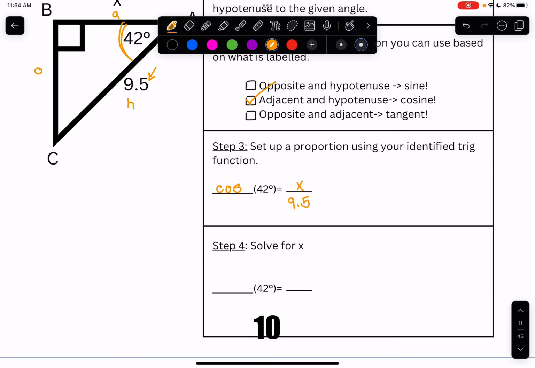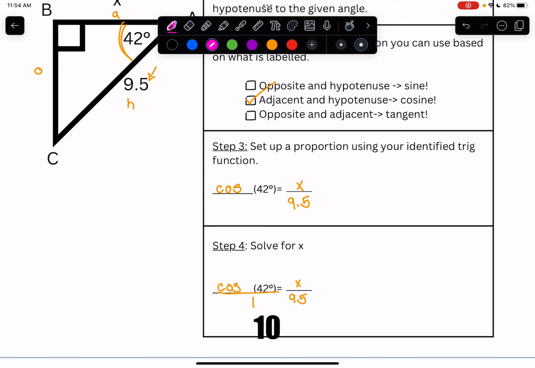Now you can solve this because you can actually just imagine that cosine of 42 degrees is over 1, because anything can be written as a fraction over 1.